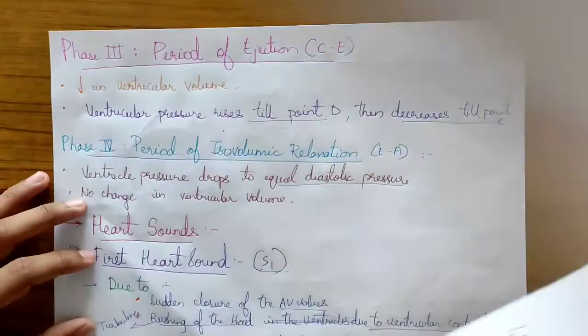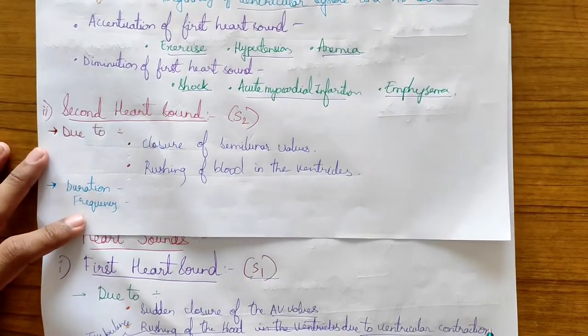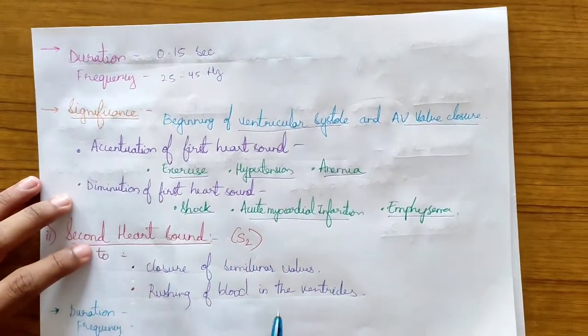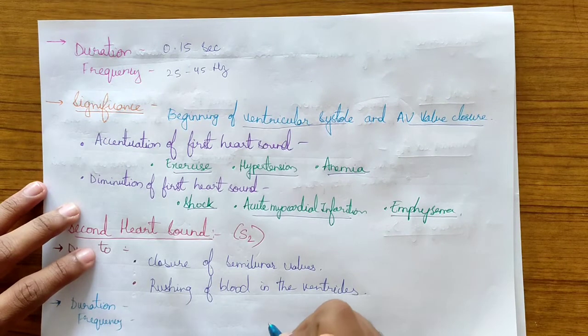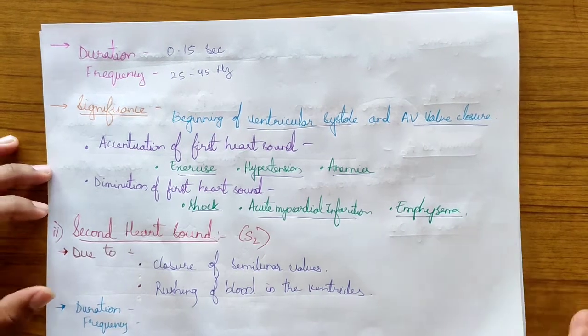In the first heart sound, it is the rushing of blood due to the ventricular contraction, which causes turbulence. In the second heart sound, it is the rushing of blood inside the ventricles, because the AV valves will be open here. So rushing of the blood in the ventricles will also contribute to the second heart sound.